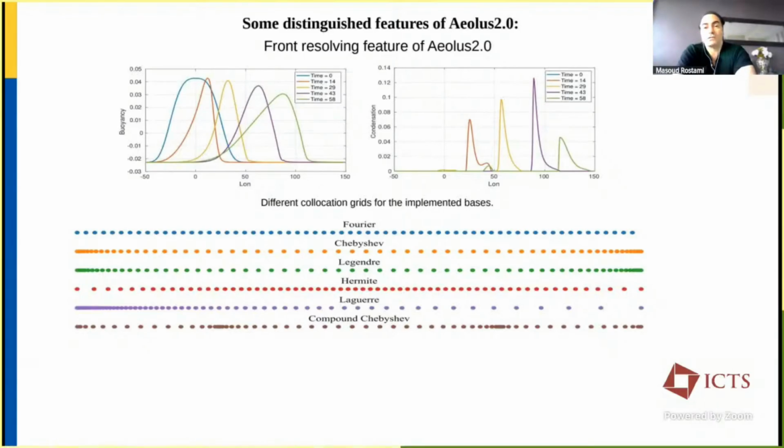So shocks exist physically, but if the numerical scheme cannot resolve them, it will explode. So yes, you are right. It needs delicate attention between these different shocks that exist in the shallow water system.